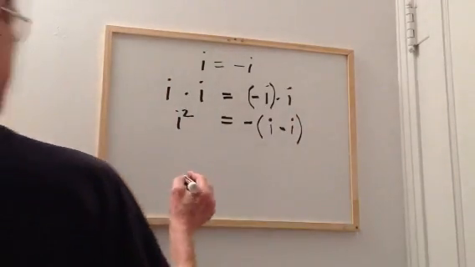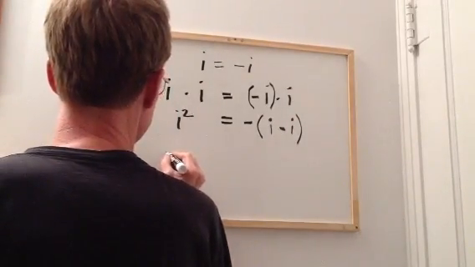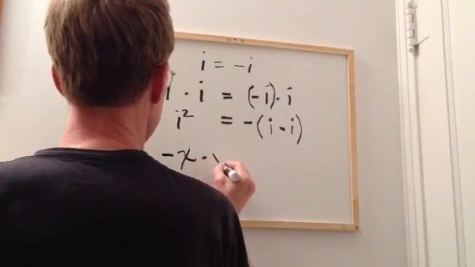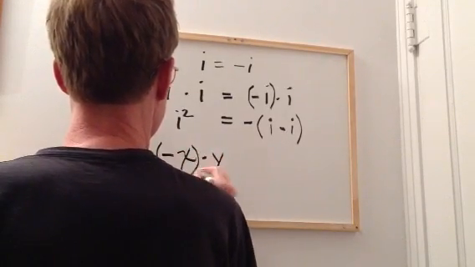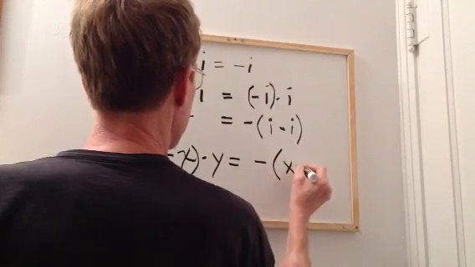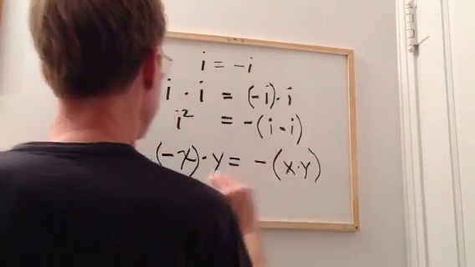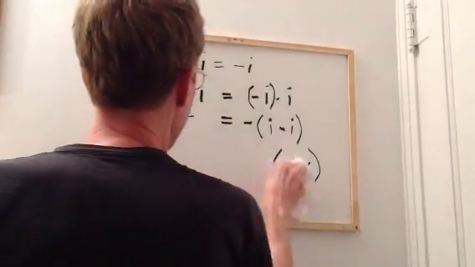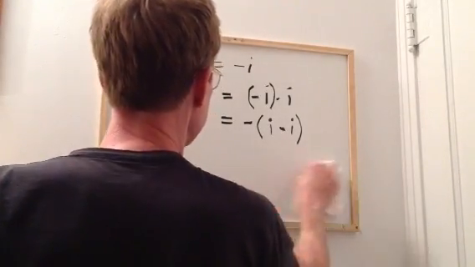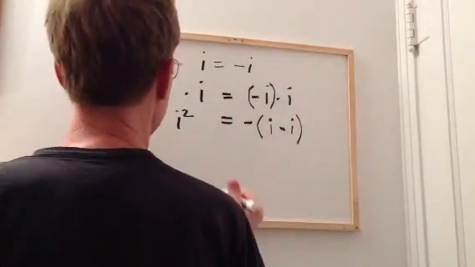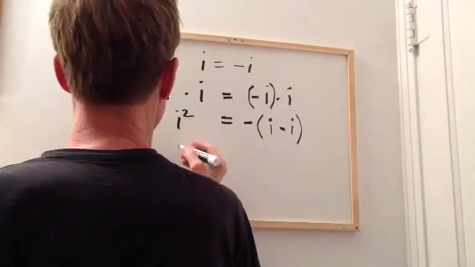Because in general, in algebra, if you have a quantity minus x times y, that equals minus the quantity x times y for any two x and y. So now we've reached this stage. Remember though that i times i is i squared.